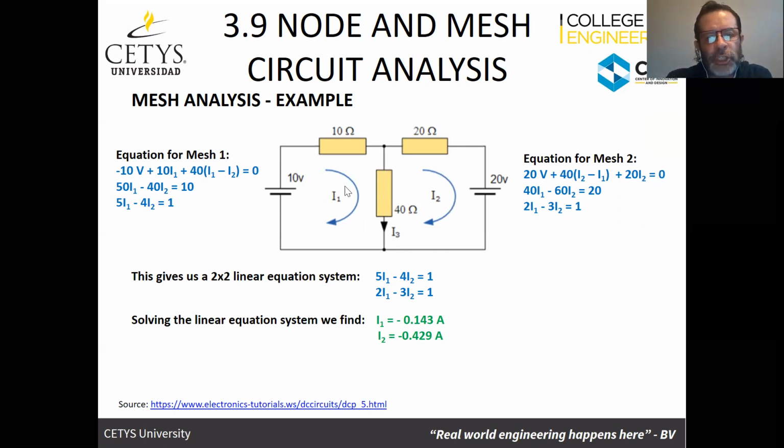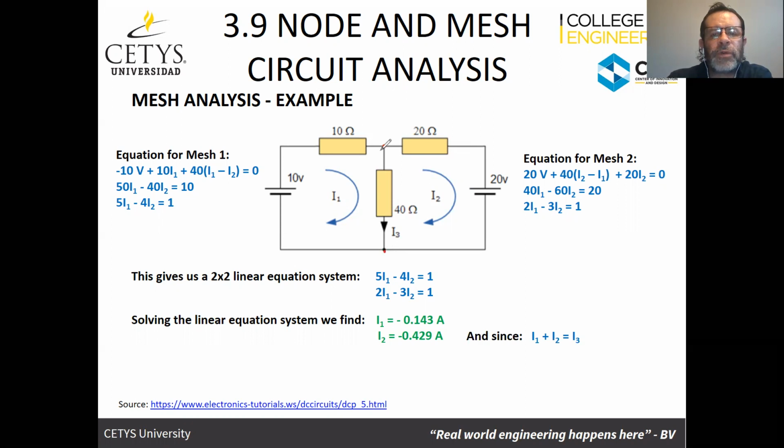Lastly, we've got the two currents that are going through these two meshes. We would also like to know what the specific current is through this element here in the middle, which we've identified as I3. Well, if we use node analysis, we take any of the nodes, for example, this node here or this node here.